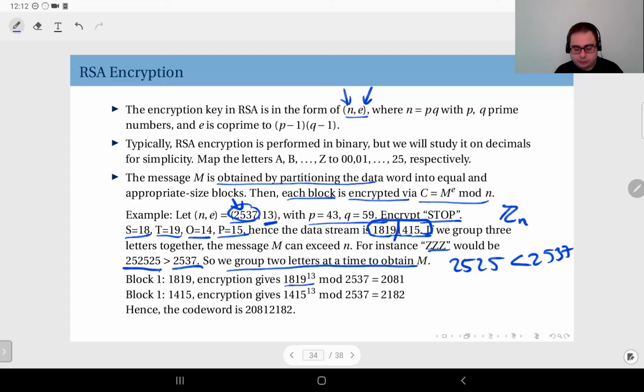So 1819 to the power 13, modulo 2537. These are just decimal numbers. This is 2081, so that is your first code word. Block number 2 is 1415. You raise it to the power e, which is 13, and take modulo n, and 2182 is the result. Therefore, the encoded result is 2081, 2182.